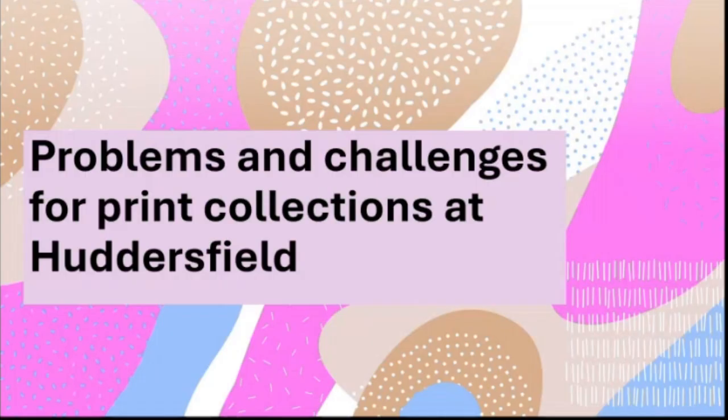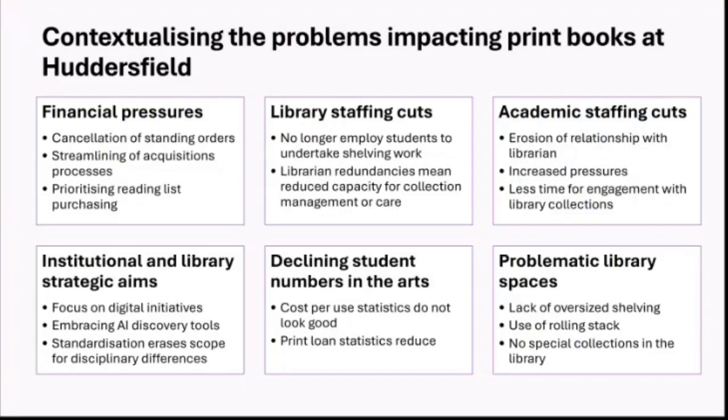So what are the problems and challenges we're facing at Huddersfield? I'm not going to talk through this whole slide, but, again, I think these are things that everybody across the sector can recognise. Financial pressures, changing how your purchasing policies have to be shaped.